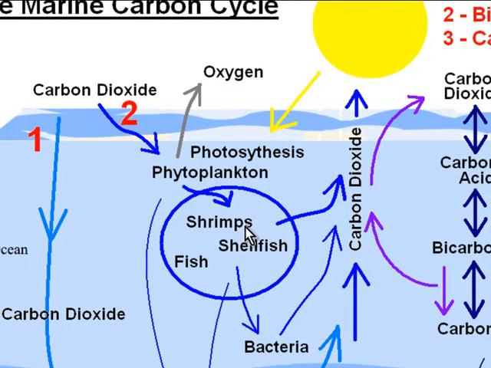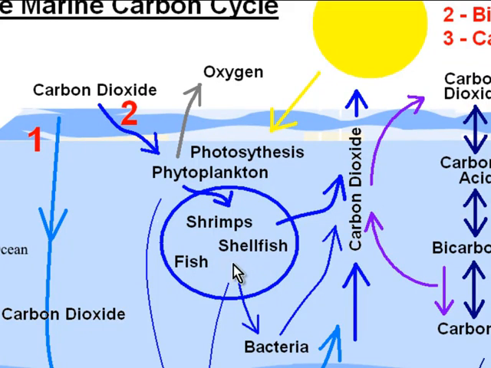Shellfish and fish will then eat the shrimps. So these shrimps will be respiring, breathing out carbon dioxide into the oceans. And of course, some of that will dissolve into the oceans, but some of it will find its way back into the atmosphere again. Now, some of this phytoplankton or algae will die. Some of the shrimps and shellfish and the fish will die.